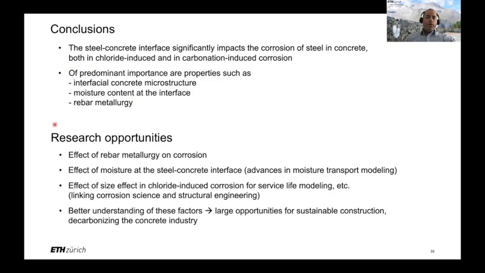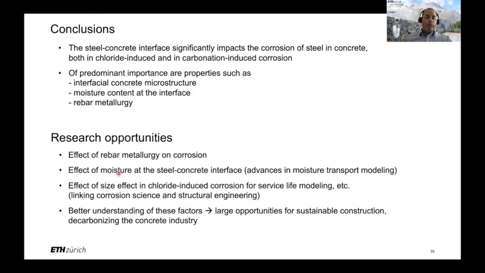Now, there are research opportunities, and I think it is important to tackle these in order to take advantage of new concepts. On the one hand, there is a need for a better understanding of the effect of the rebar metallurgy. The two or three studies that I highlighted initially that indicate that the metallurgy is important are not very systematic studies, and I think there is a need for more systematic work to look into this factor.